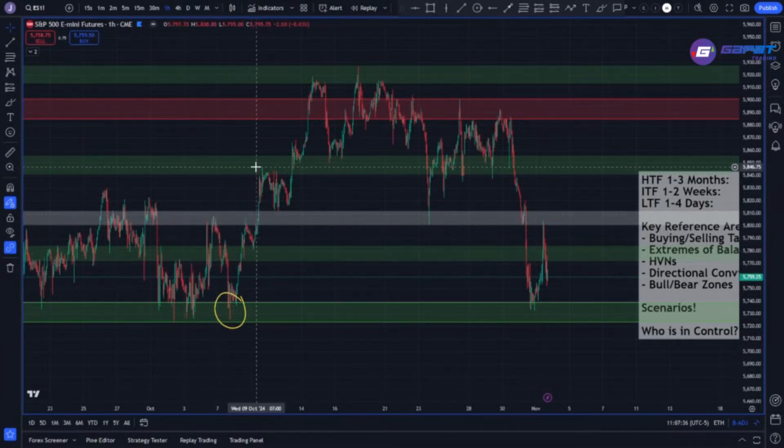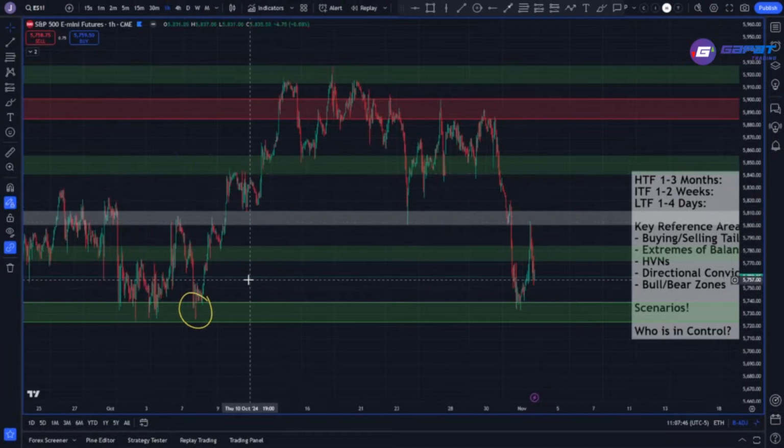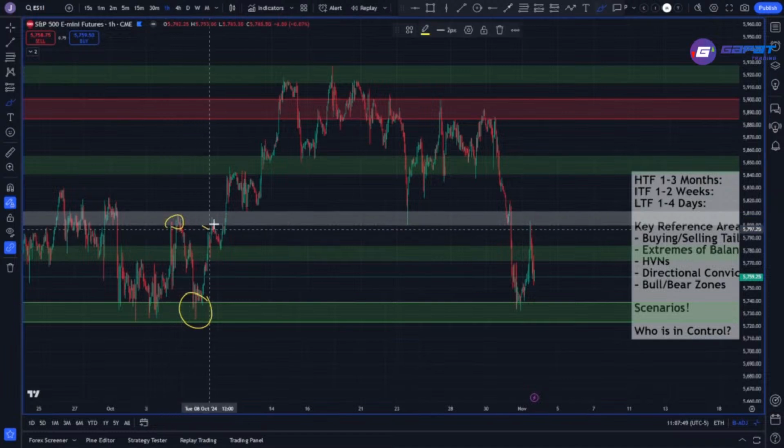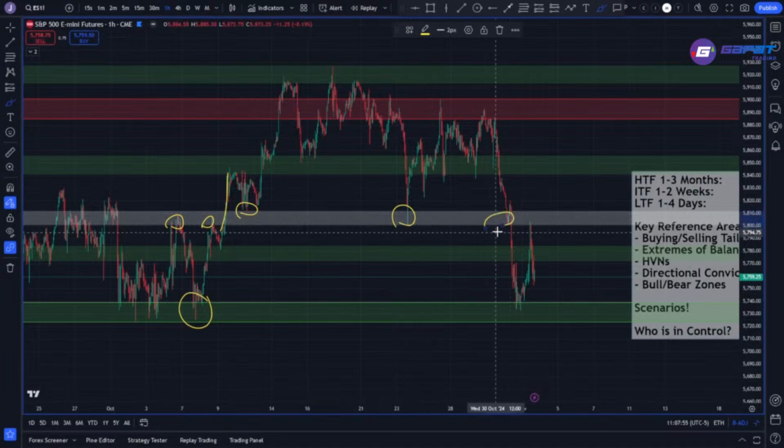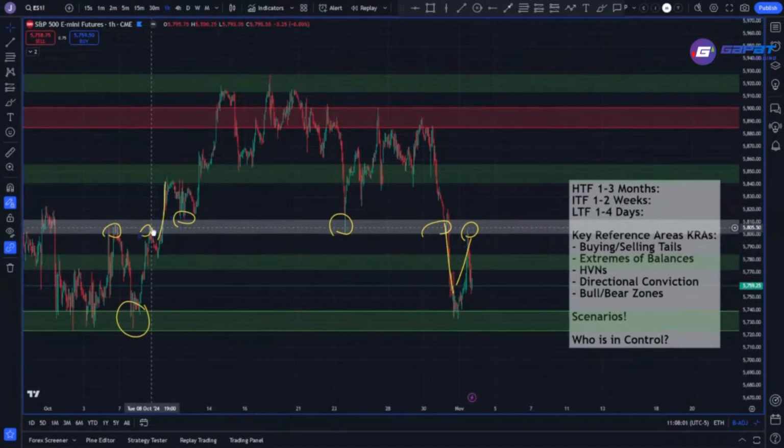And once we break the level to the other side and the sellers bring price back down into the level, the buyers step back in. So the bulls and the bears are both stepping in once price breaks the level. As we can see here, seller stepped in, we broke the level, buyer stepped in, buyer stepped in again, we break the level, comes back to it, seller steps in. So this is a bull bear zone.